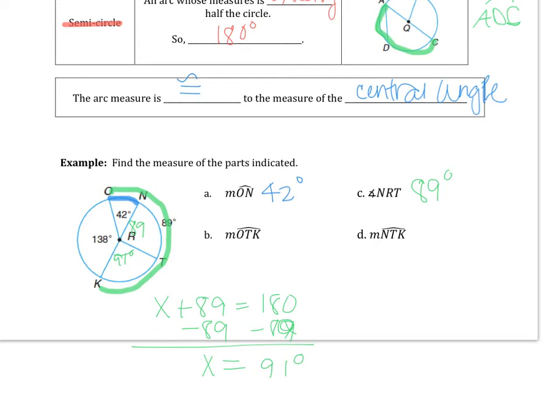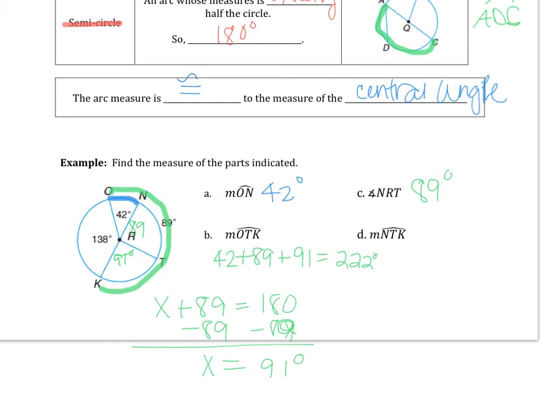So it helps us get this measure right here, which then in turn will help me figure out the measure of arc OTK. Now that I've got that angle measure, I see that OTK is made up of that 42 degree arc, and then that 89 degree arc, plus that new arc that we just found, that 91. So adding those all up, that's going to be 180 plus 42, which is equal to 222 degrees.